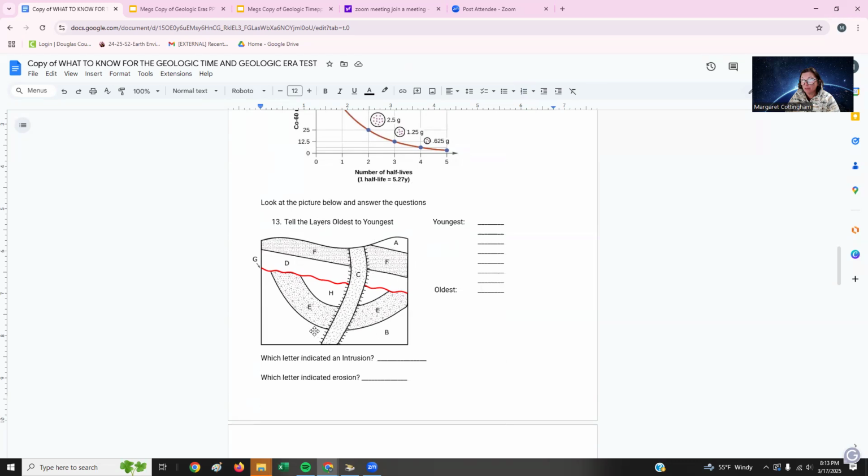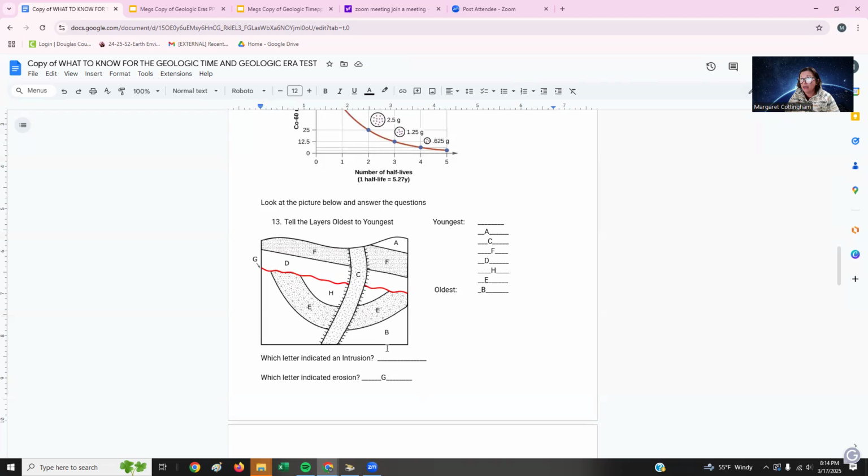Looking down here, it's probably B. Then I would say E, then H, then D, then F, then C, and A. I skipped G because G is just the erosion. In case something laid down on top of it, it's just an erosion line. It's not necessarily a layer.